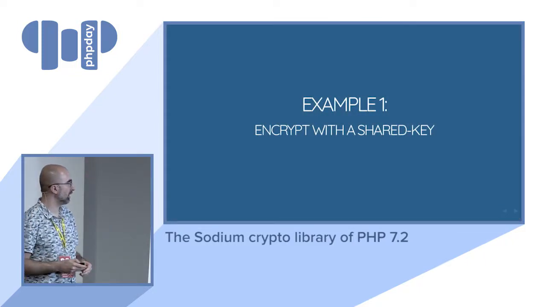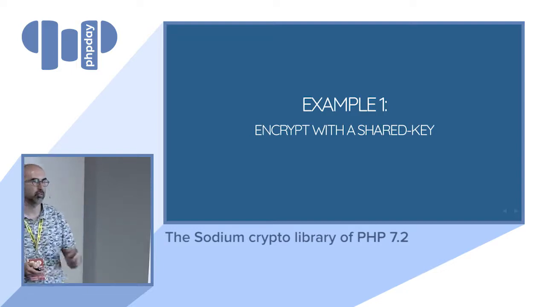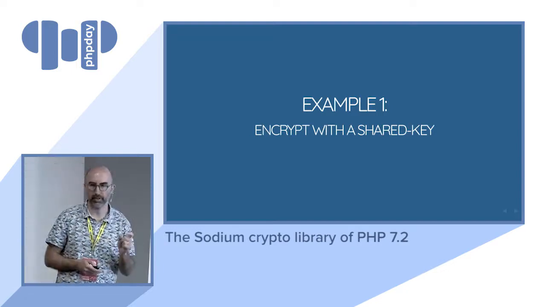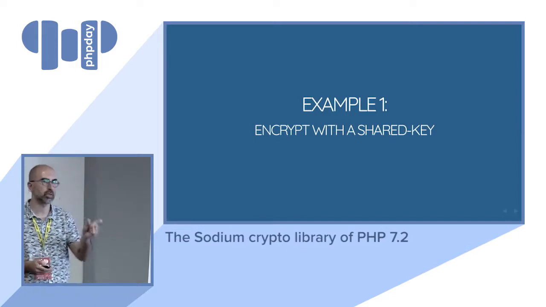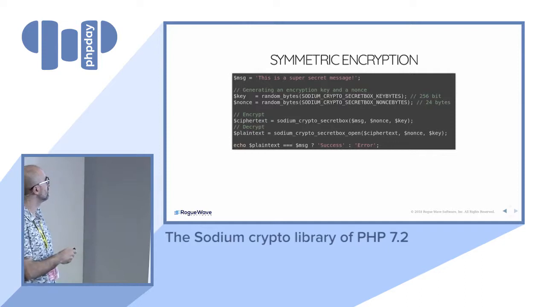Okay, let's start with an example: encrypt with a shared key. So you have one key, so we are talking about symmetric encryption, and you want to protect some information. This is the string, the message that we want to protect.